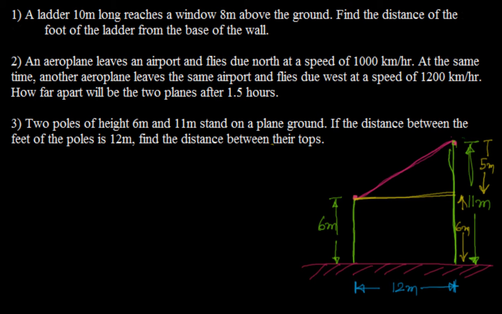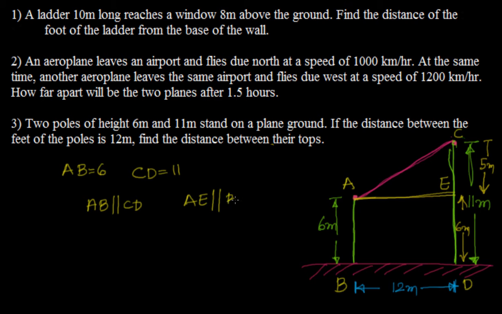So let's put some names there. Let us say A, B, C, D and E. Okay, we know AB equals 6, we know CD equals 11, and we also know AB is parallel to CD and AE is also parallel to BD.